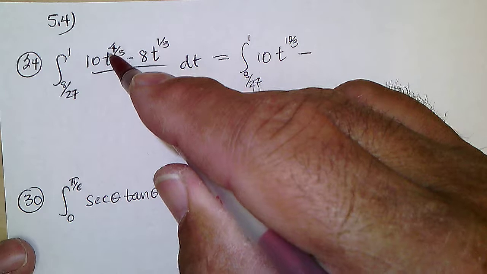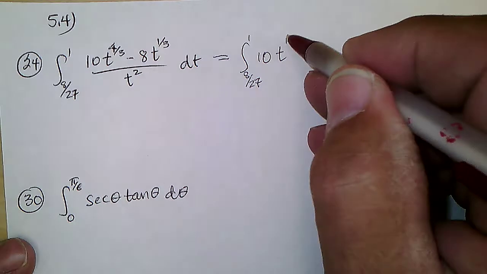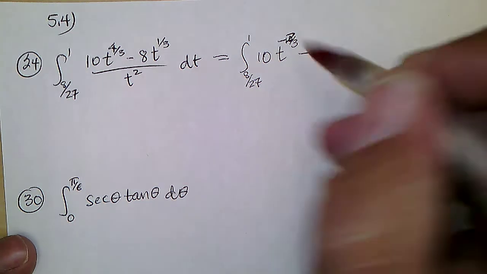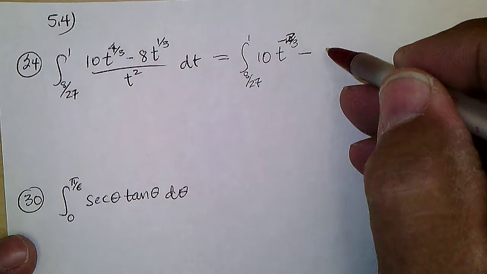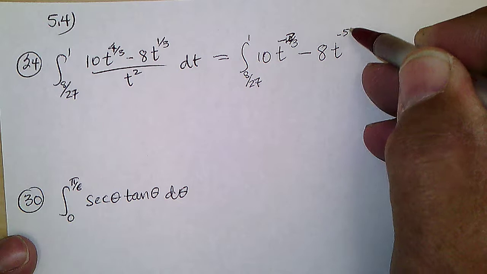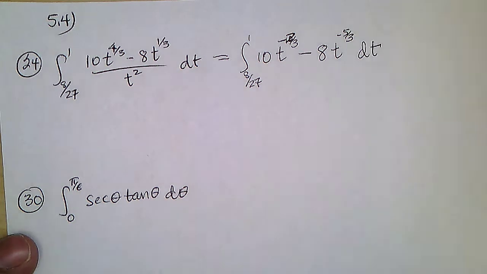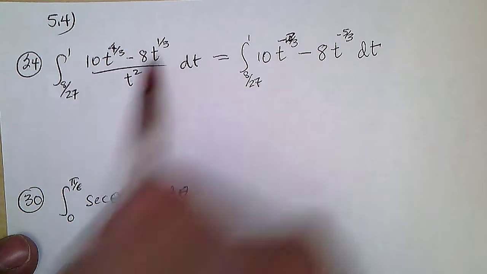So minus 6/3 from 4/3 is minus 2/3, excuse me, minus 2/3. And minus 2 plus 1/3 is minus 5/3. 8t to the minus 5/3 dt. So I just bring this up as t to the minus 2 and distributed it.